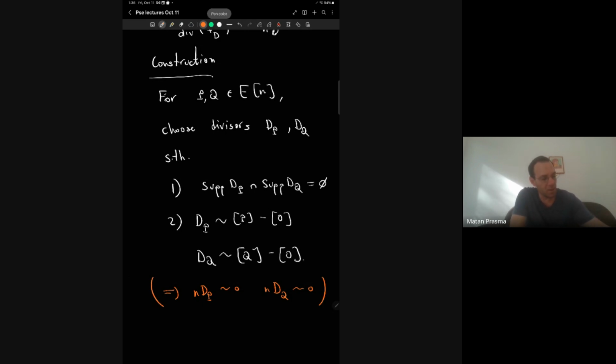To see why the implication holds, suppose I have divisors dP and dQ. dP is equivalent to P minus O, which means dP minus (P minus O) is principal.